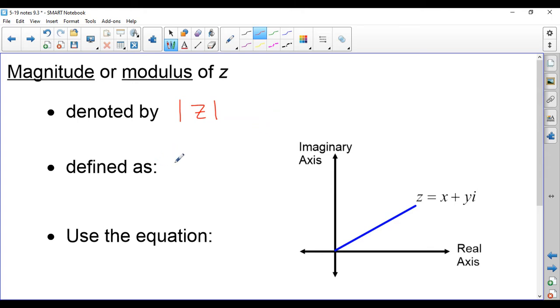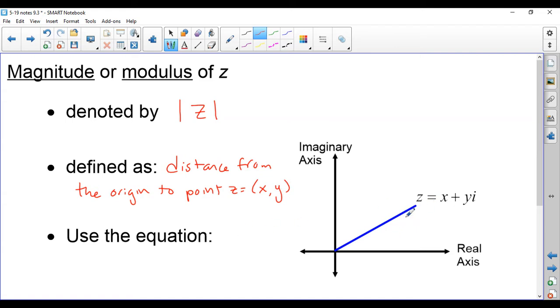The definition of the magnitude is the distance from the origin to the point z, and again, point z, if it's a complex number, is written as (x, y), where x is the real part and y is the imaginary part.